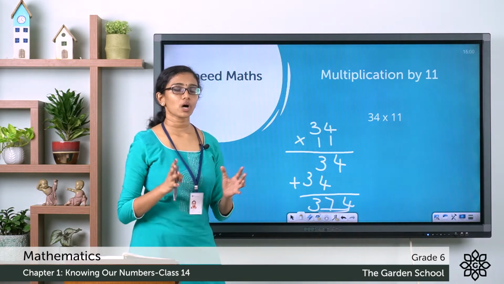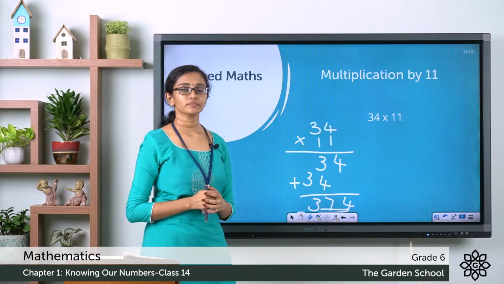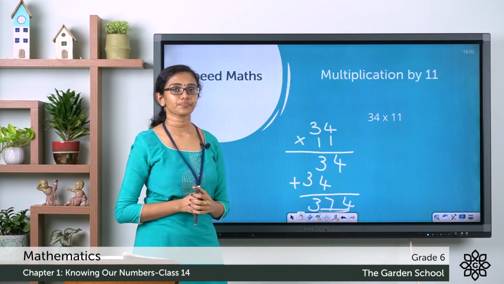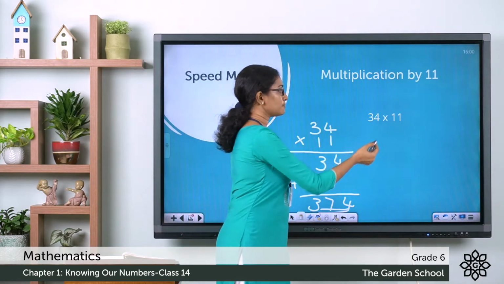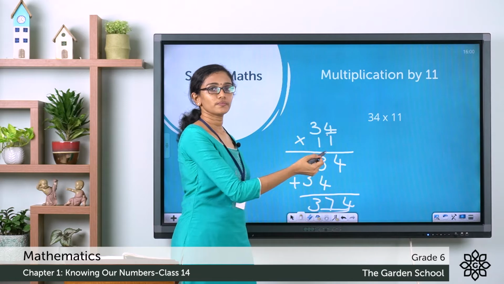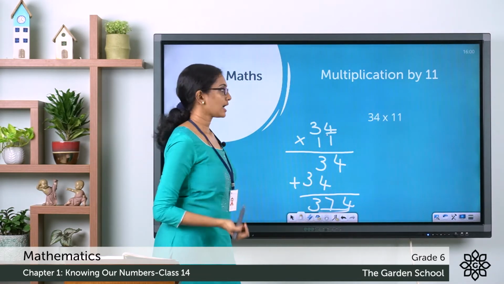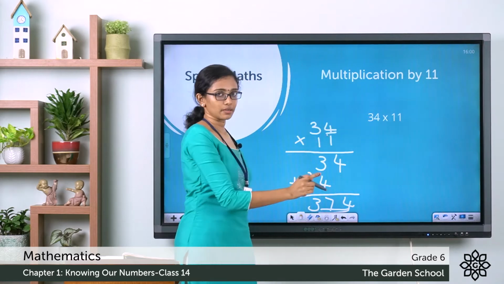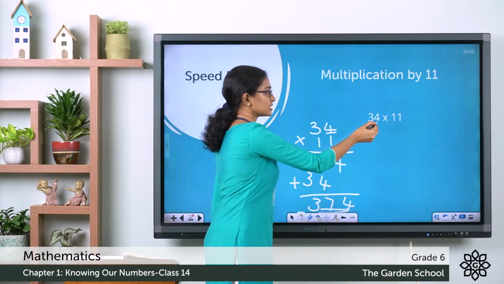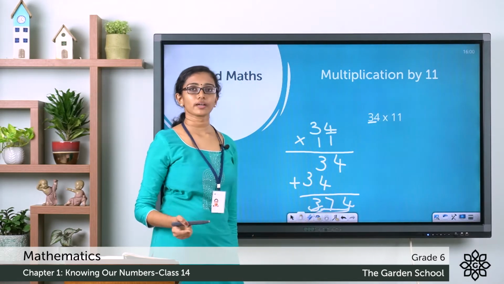What if you can obtain the product of multiplying by 11 without actually multiplying the numbers? See, when you multiply by 11, the ones digit of the multiplicand remains the same in the product. And in this example, the tens digit of the multiplicand becomes the hundreds digit in the product.